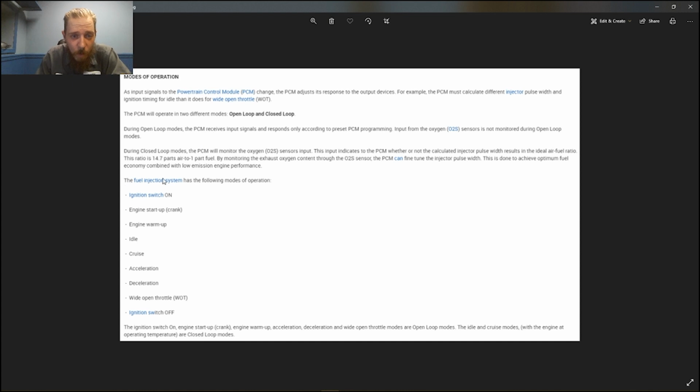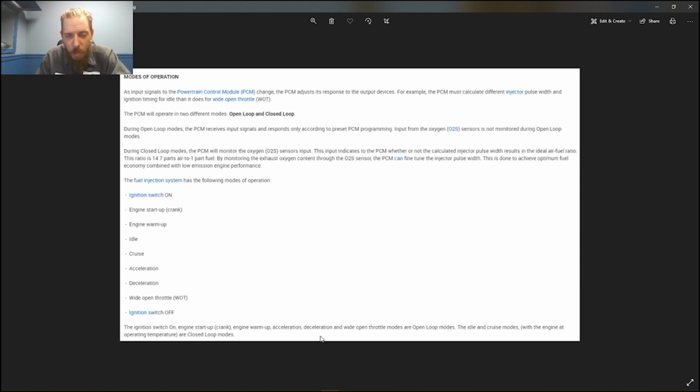During open loop and closed loop, for our purposes, for a no crank, we don't care about any of this stuff. Fuel injection system has the following modes of operation: ignition switch on, engine startup crank, engine warm up, idle, cruise, acceleration, deceleration, wide open throttle, ignition switch off. The ignition switch on, ignition switch startup, cranking position, which is what we don't have, is crank.